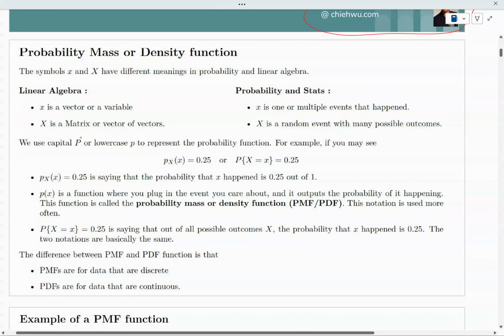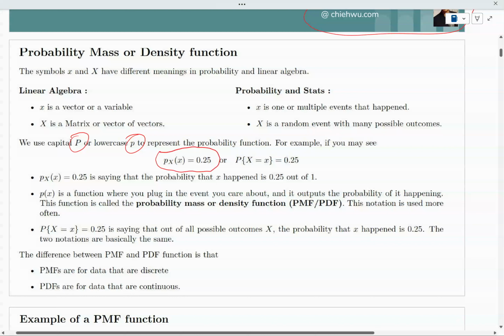Okay, and we use either capital P or lowercase p to represent the probability function. For example, you will see lowercase p, the probability that x, remember, lowercase x is that something happened, right? So the probability that x happened given the events of capital X is 0.25. That's what that is saying.